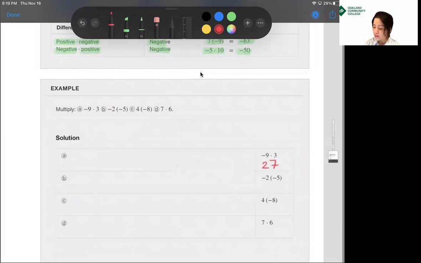So negative 2 times negative 5 is positive 10. 4 times negative 8. The two numbers have different signs, so the product is negative. 4 times negative 8 is negative 32. And 7 times 6, they both have positive sign. The product is 42.